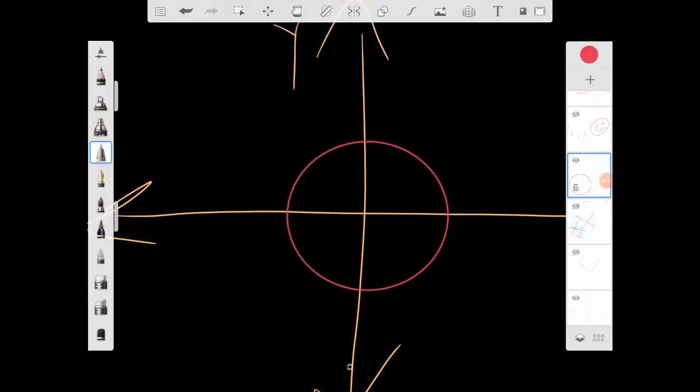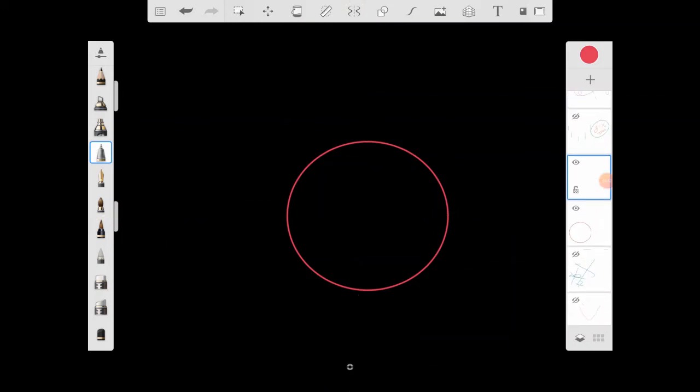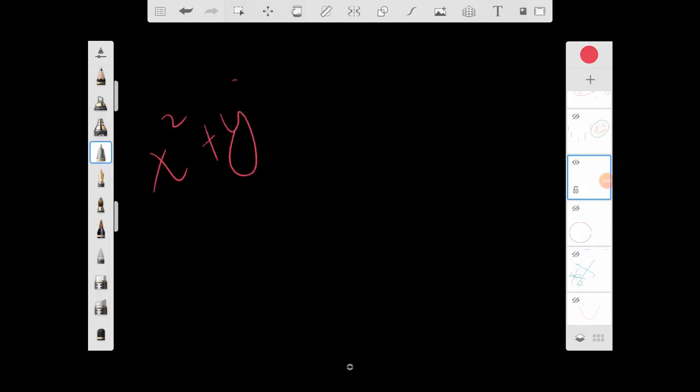So the equation of this graph, I will tell you a little more about this graph. In the case of this graph, the equation is x square plus y square is equal to 1.